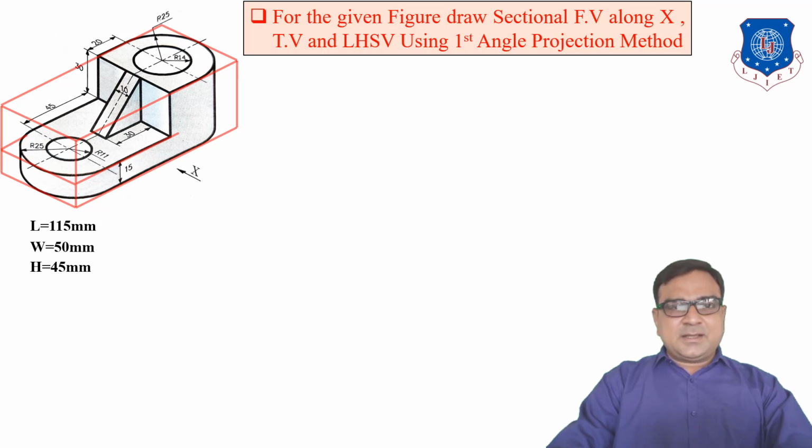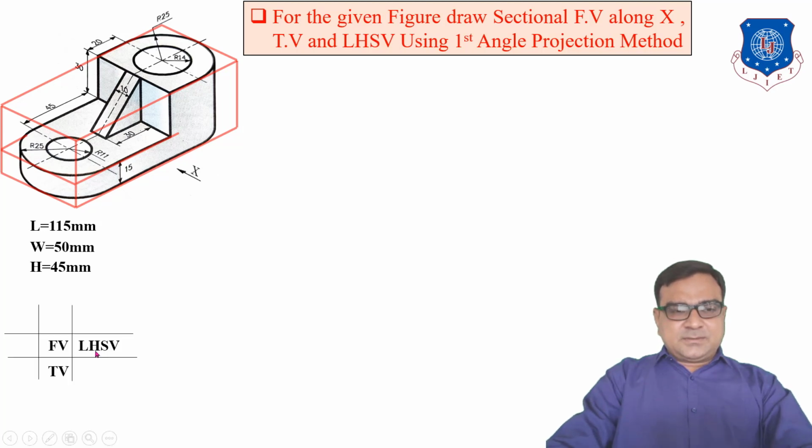Then we use a vertical cutting plane to cut the object, and then we will draw the sectional front view, top view and left hand side view using the first angle projection method.